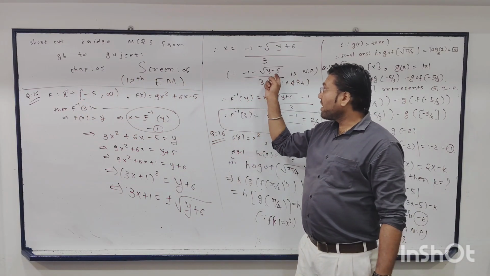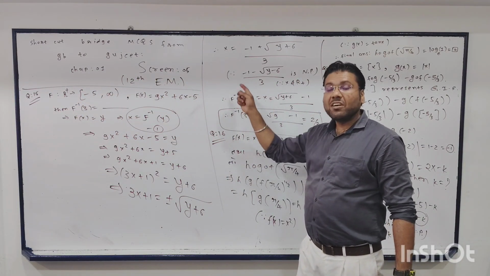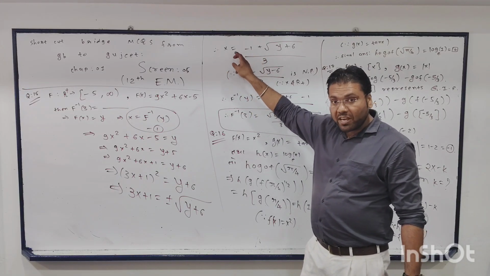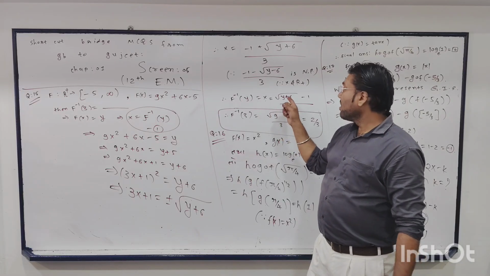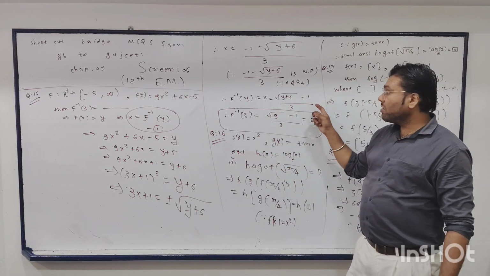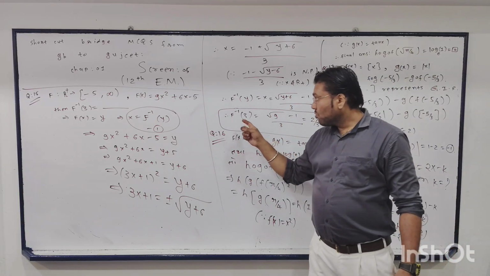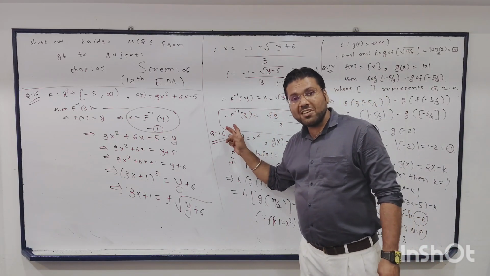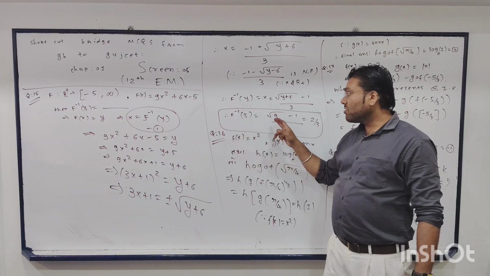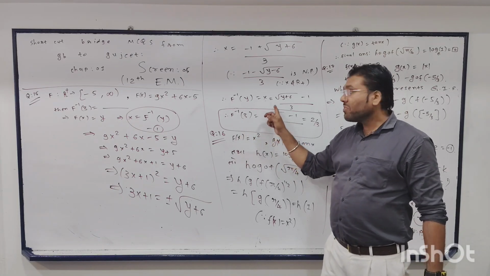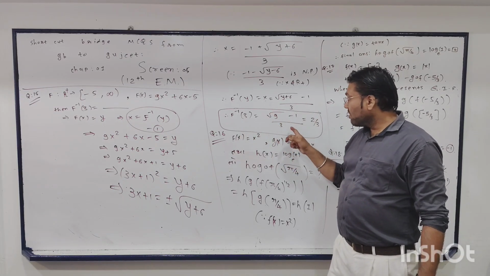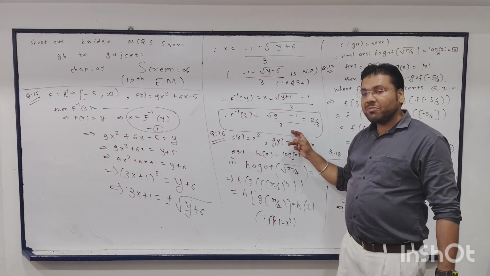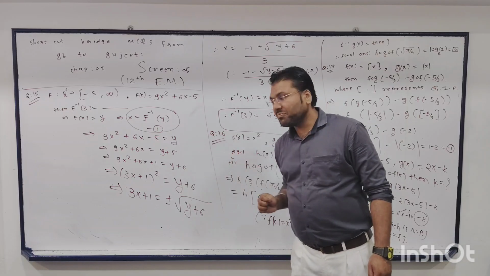So minus 1 minus root y plus 6 by 3, this case is rejected. So f inverse y means x, that is equal to, friends, root y plus 6 minus 1 by 3. So students, here replace y by 3 on both sides, you will get the answer of f inverse 3, which is given by square root 9 minus 1 whole by 3, that is 2 by 3. So f inverse 3 will be, friends, 2 by 3.